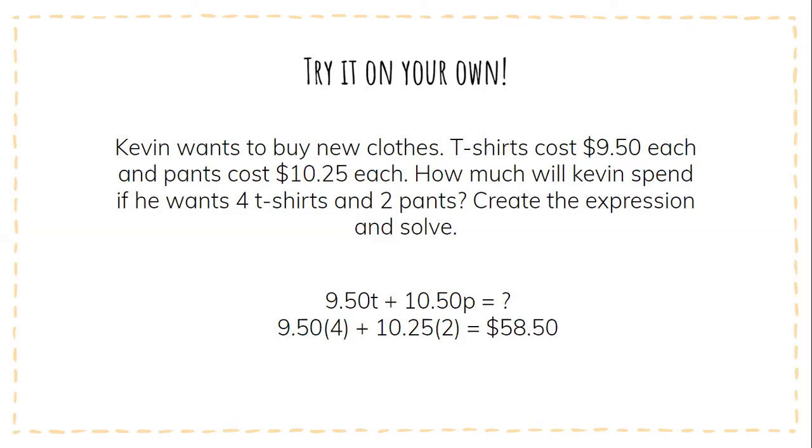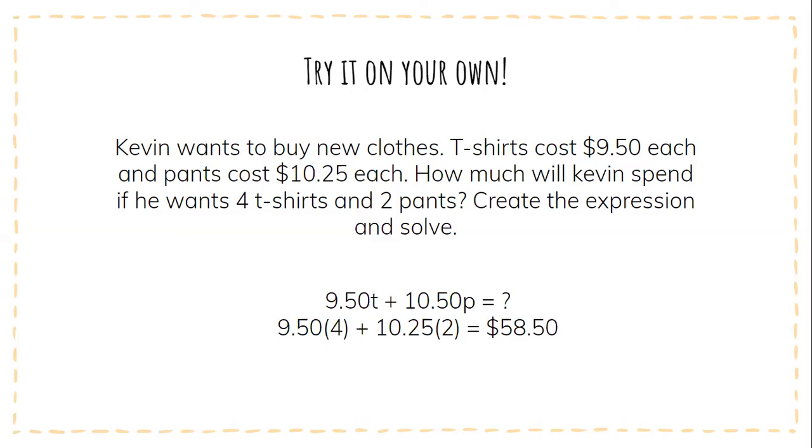So we are going to solve for the amount of t-shirts and pants he wanted. It says he wants 4 t-shirts and 2 pairs of pants. So I'm going to plug in the 4 for T and I'm going to plug in the 2 for P. So my 9.50 times my 4 t-shirts plus my 10.25 times my 2 pairs of pants will give me my total.